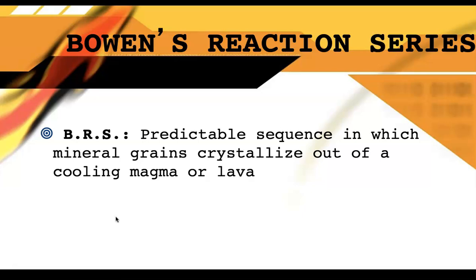First this would grow, then that would grow, then the next thing would grow. And he did this time and time again. And there are 3 types of lavas, we're keeping that in mind. Depending on the type of lava, you would see this predictable series. So this came to be known as Bowen's reaction series.